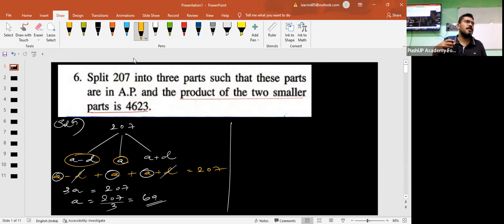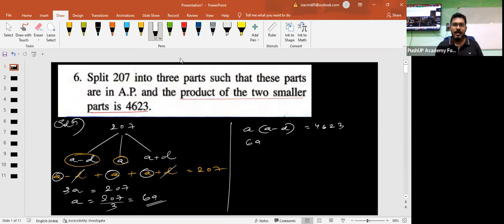So the 2 smaller parts would be A minus D and A. When you multiply A and A minus D, that should be equal to 4623. Now, what is the value of A? Let's substitute 69. So 69 into 69 minus D is equal to 4623.